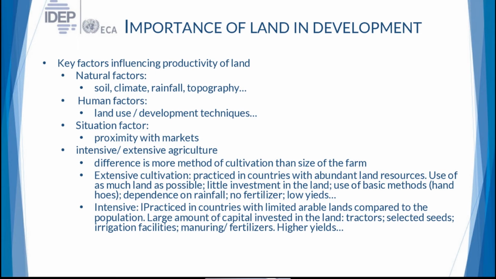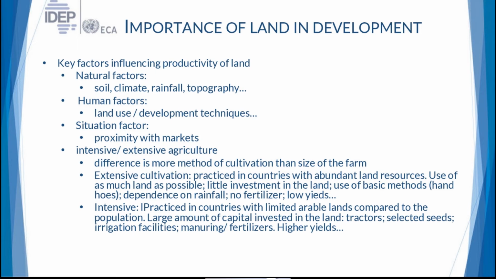You can also consider the method of cultivation. You have extensive cultivation and you have intensive cultivation. The difference between the two is not really the size of the farm, it is the method of cultivation. Extensive cultivation is practiced in countries with abundant land resources.